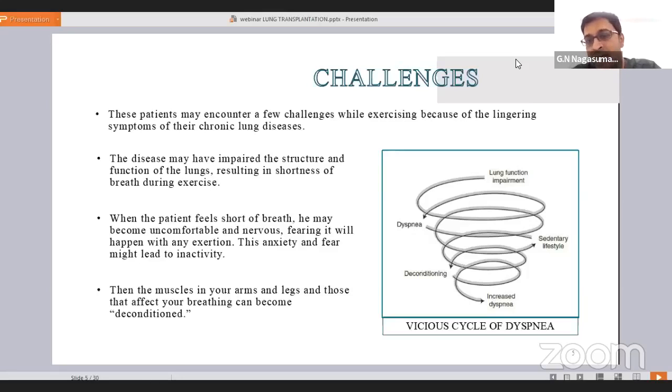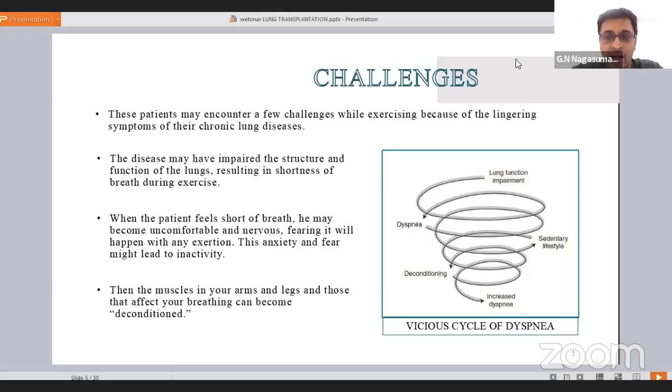When the patient has less blood supply to his peripheral muscular system, they tend to develop trigger points in their muscle groups, for example in calf, thigh, whatever. When trigger points are developed, they are more prone to pain. When the pain comes, again the patient's mobility is limited. So mobility is limited because of lung compromise as well as musculoskeletal compromise.